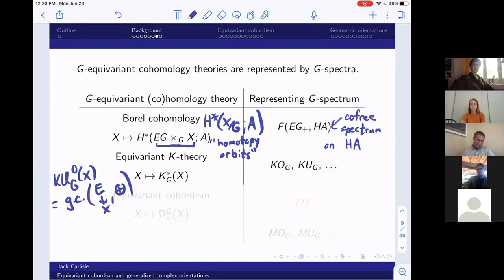So this formally works just as it did in the non-equivariant setting. Now, just as there were different flavors of non-equivariant K-theory, there are different flavors of equivariant K-theory. Here we have real equivariant K-theory, complex equivariant K-theory, and if you want, you can construct oriented equivariant K-theory, et cetera.